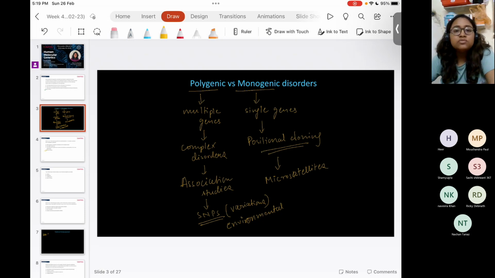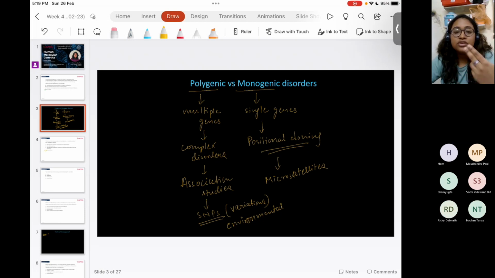A single gene can cause a monogenic disorder, and the identification of this particular gene depends on tracking the position of that gene in a chromosome. We do not rely on any functional assays. Functional assays means what is the function associated with this gene.